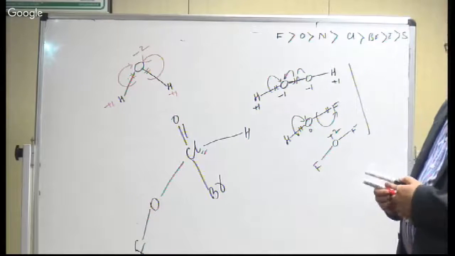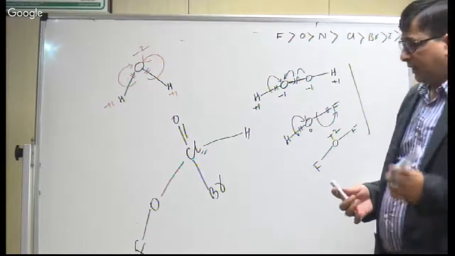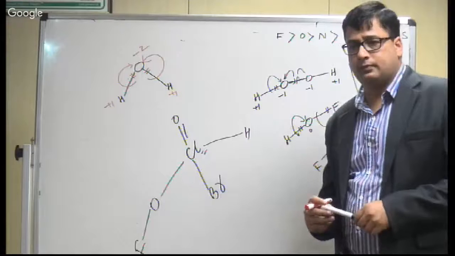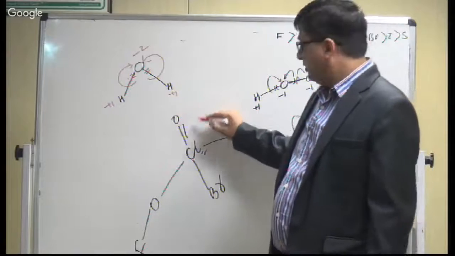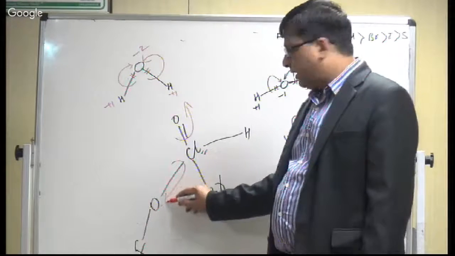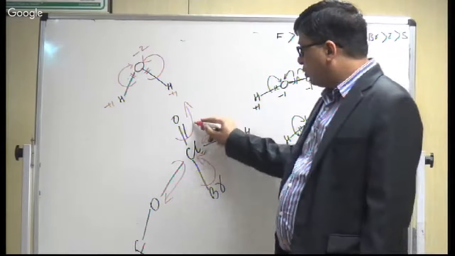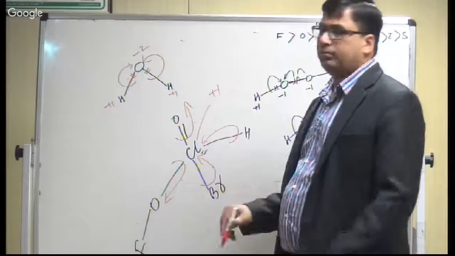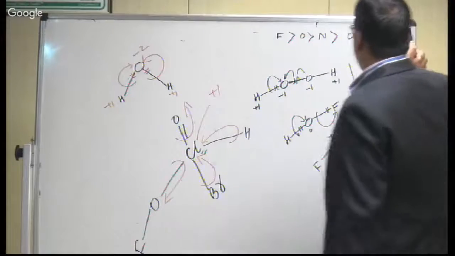No. Other centers can also post their answers. See this chlorine and oxygen, which is more electronegative? Oxygen. How many electrons lost? 2. So this is +2, +3. Gain. This is also gain. So 3 loss, 2 gain. Net loss is 1, so the oxidation state is +1. Clear? The oxidation state is +1.